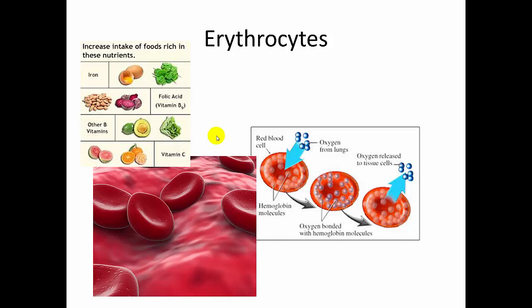Again, the lifespan is about 120 days, and the iron and the amino acids are reused, and it requires a functioning spleen and a functioning liver for the process to be done appropriately. And a byproduct is that bilirubin that is excreted in the intestines or can accumulate in body tissues.